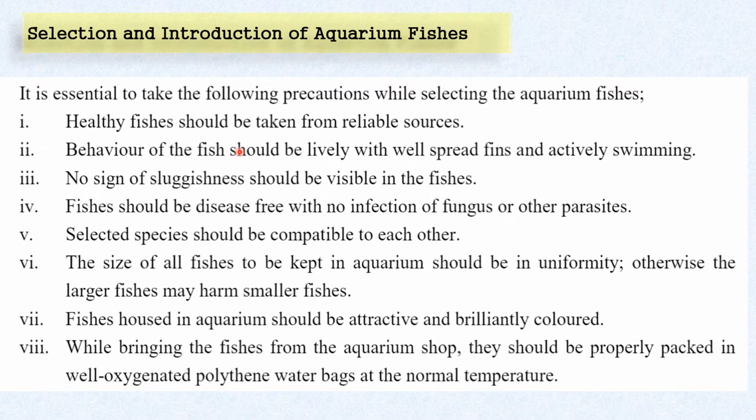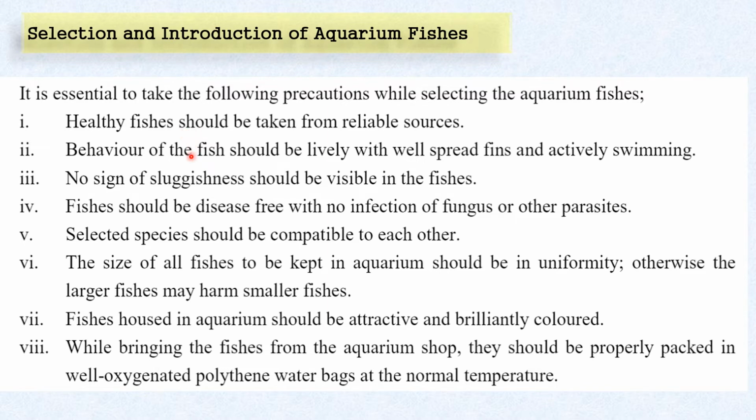Healthy fishes should be taken from reliable sources. When we purchase ornamental fishes, we have to purchase from somebody who grows them and supplies them or sells them. It is better to get them from a reliable source who sells healthy fishes, fishes which are not infected by pathogens.